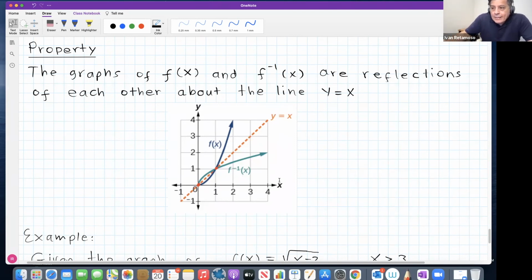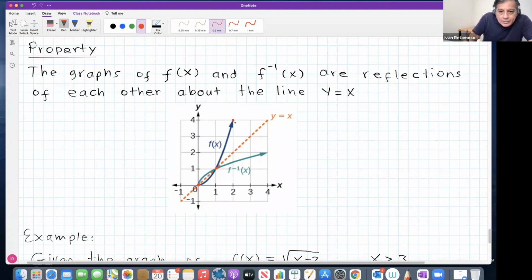Now, sometimes students ask me, Professor, if I have a point here, let's say this point, how can I find it on the other side of this diagonal line easily?